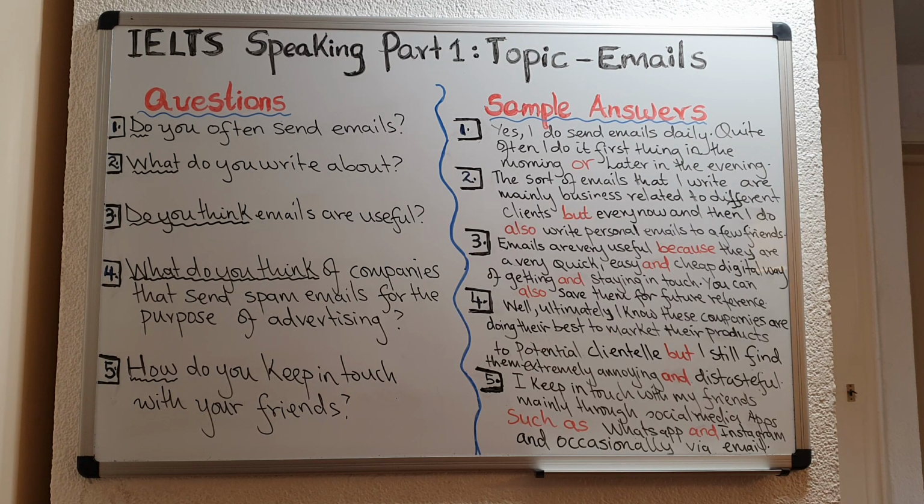Look at number 3, staying in touch, getting and staying in touch, okay? Very, very important. Communicating via email. Remember, you can also say by email if you have a problem pronouncing via, okay? You can say, I keep in touch with my friends mainly through social media apps such as WhatsApp and Instagram, and occasionally by email. That is also correct English. So ensure that you're using the correct grammar.